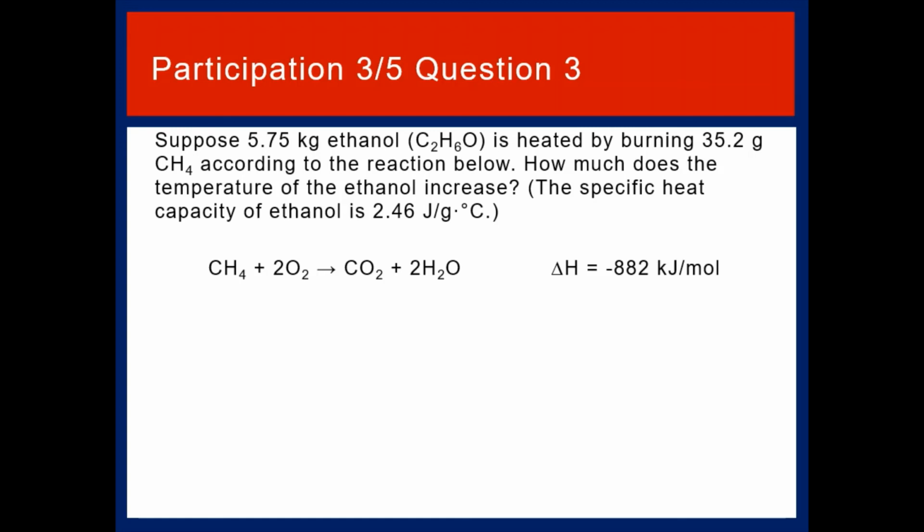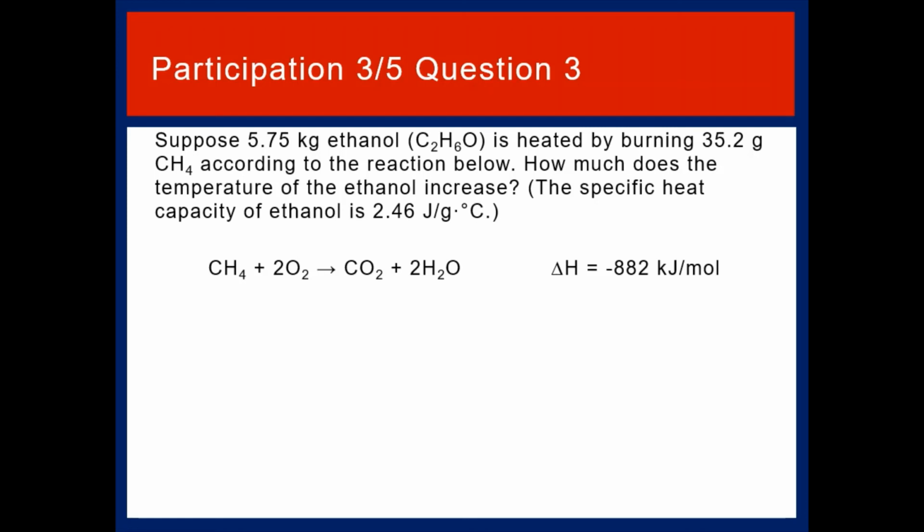Suppose 5.75 kilograms of ethanol is heated by burning 35.2 grams of CH4 according to the reaction below. How much does the temperature of ethanol increase? So what is the increase in the temperature of the ethanol?